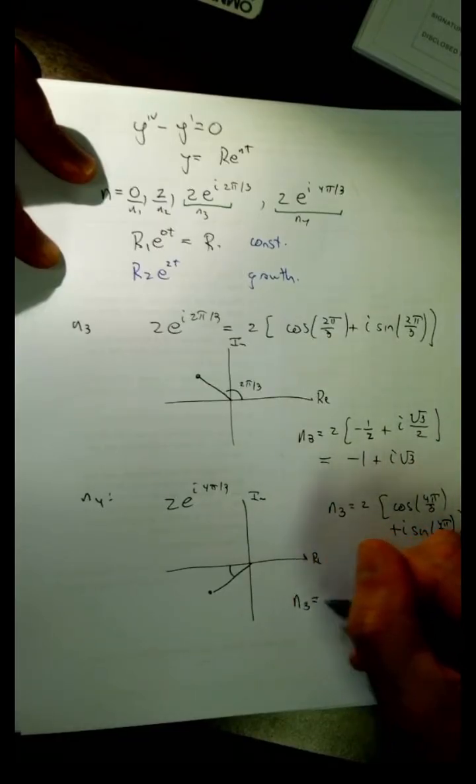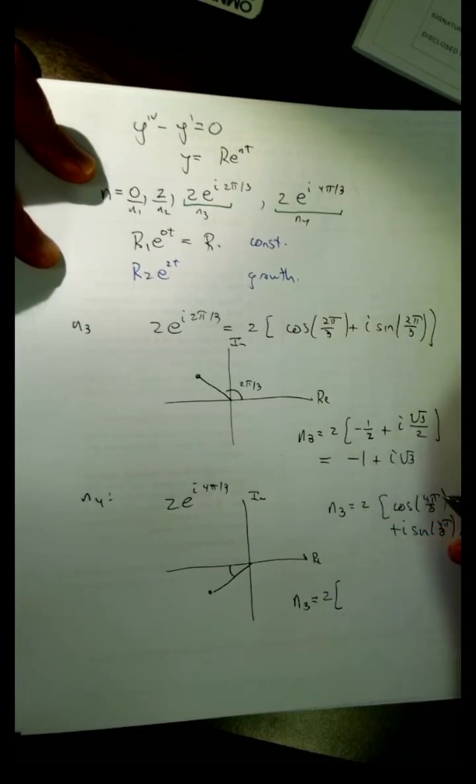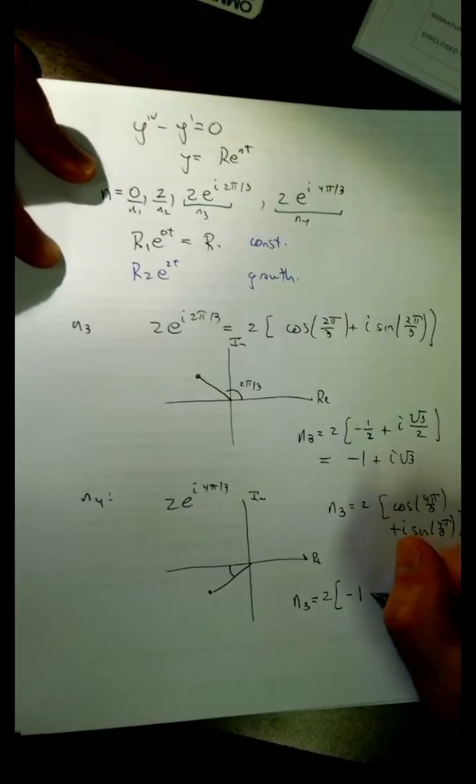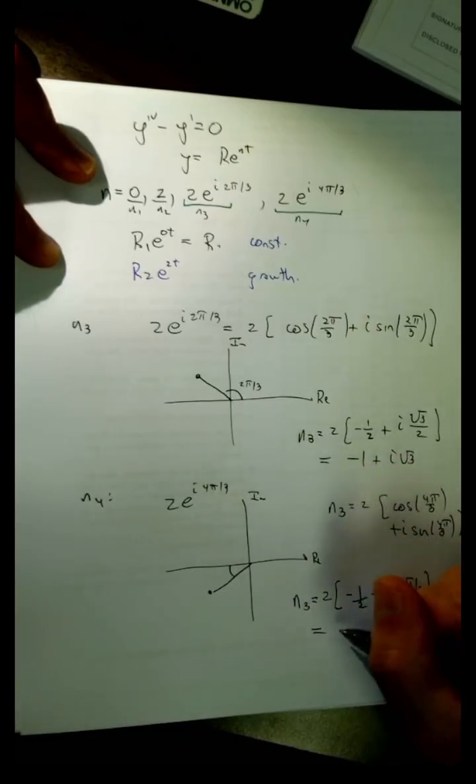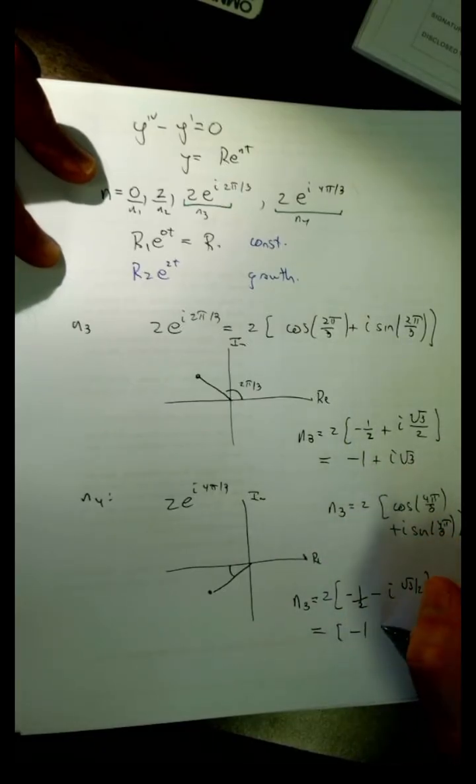So cosine of 4 pi over 3 is minus 1/2, and sine of 4 pi over 3 is going to be minus square root of 3 over 2. Multiplying the 2 through, I'm going to get minus 1 minus I square root of 3.